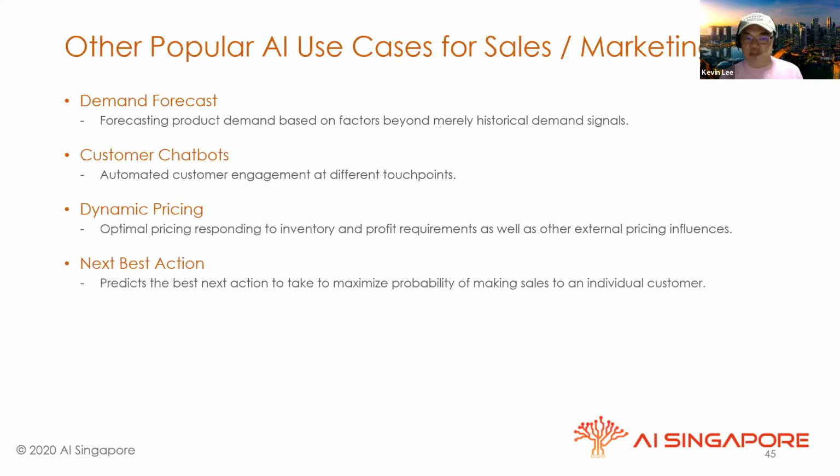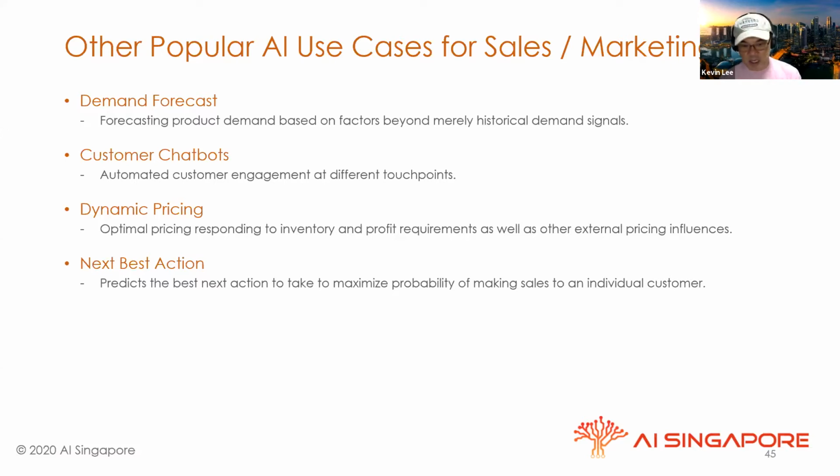Next best action, this is very new. It is the ability to predict what is the best action for a particular customer based on the customer journey. So if you are able to map your customer journey, for example, from lead generation all the way to closing sales, there are multiple paths that you can take. But for each individual customer, which path should that person take?